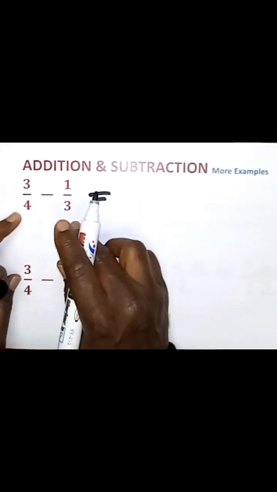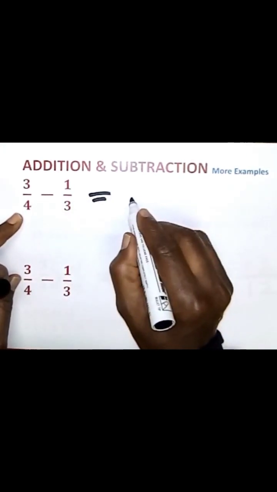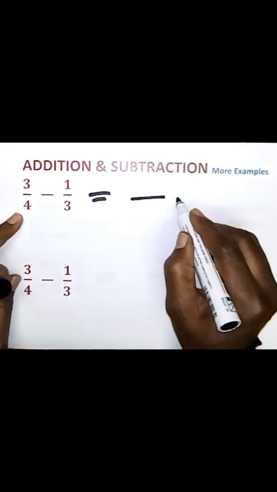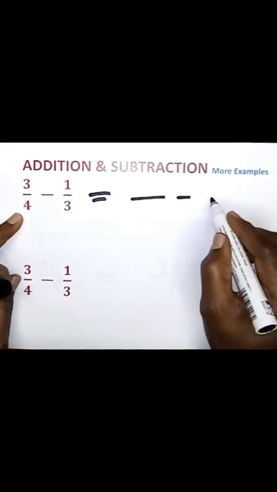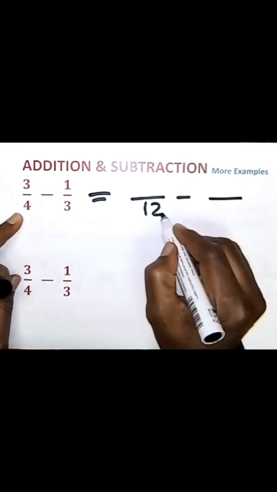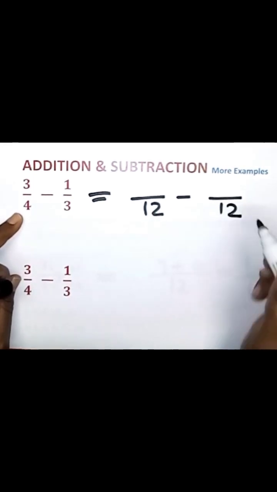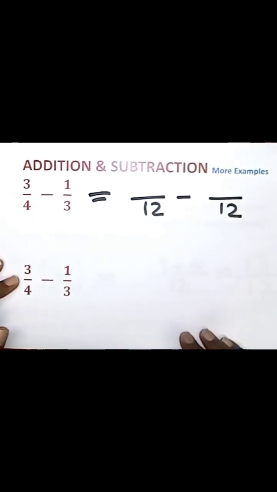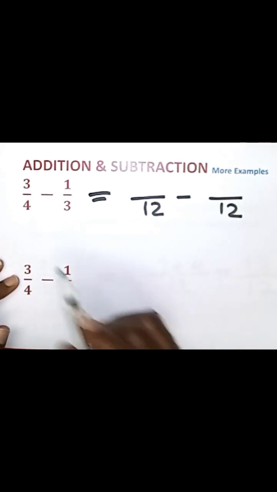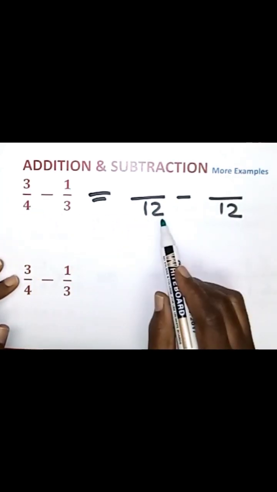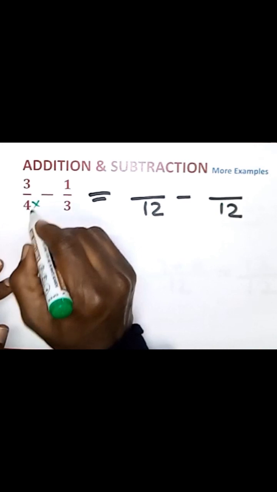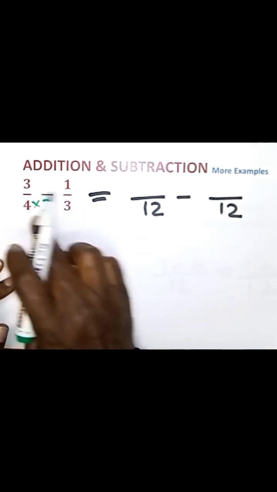Having gotten the lowest common multiple, we will now again have these two fractions and use that lowest common multiple. And then we will ask ourselves, what did I do to 4 to get 12? Of course, I multiply 4 by 3 to get 12.